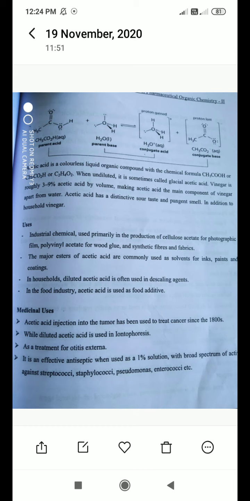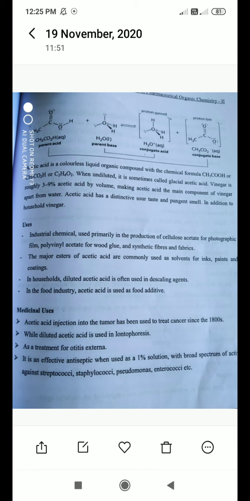Then it is an effective antiseptic when used as a 1% solution with broad spectrum activity against streptococci, staphylococci, pseudomonas, enterococci, etc. Means these are some pathogens: streptococci, staphylococci, pseudomonas, enterococci, to kill them.